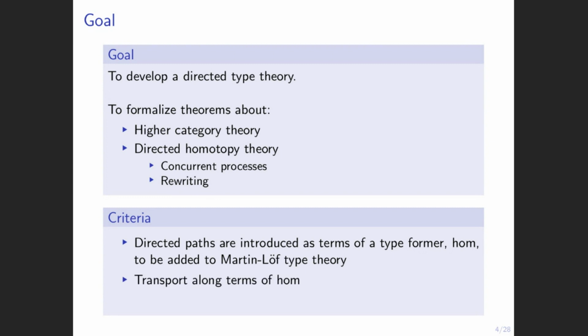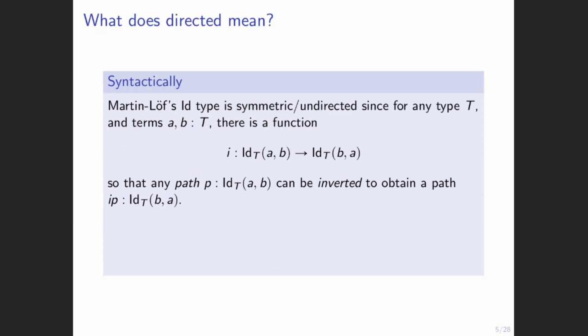And another criterion is to automatically be able to transport along terms of this hom type. Just like if you're familiar with homotopy type theory, you can always transport along terms of the identity type. And we also want to formulate hom so that it doesn't collapse to the identity type, which is something that often happens in many attempts that I have made.